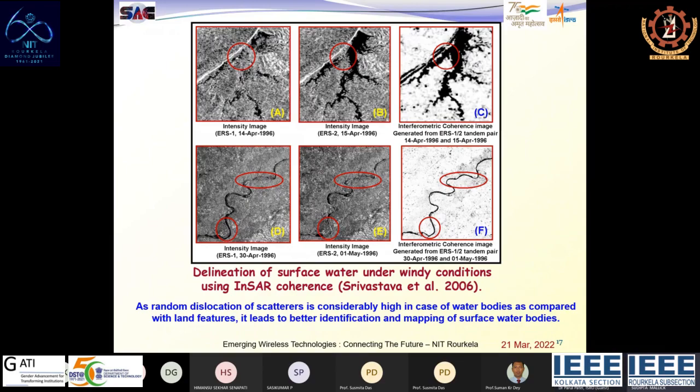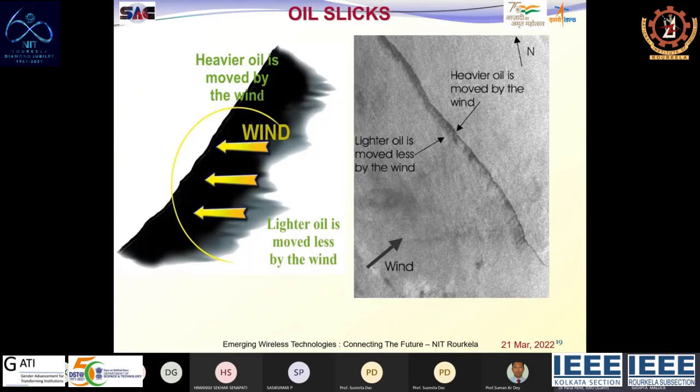I've just tried to show the SAR images over oceans also, that if there is an oil slick, you are able to measure it due to the wind. The oil is accumulated at one place, and you are able to get very accurate information about the oil, because the oil will dampen the surface, and then it will appear as a relatively smoother surface on the wind-roughened ocean.